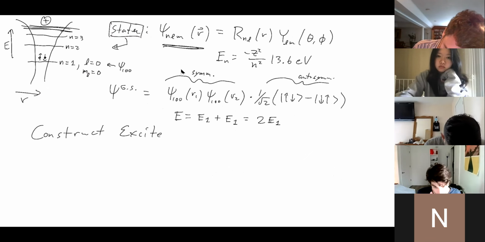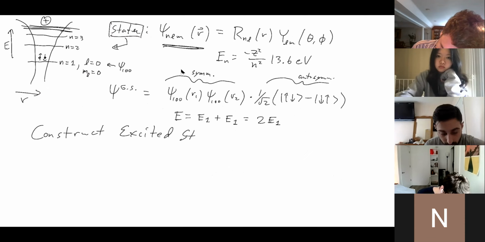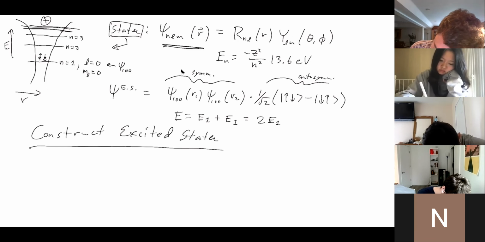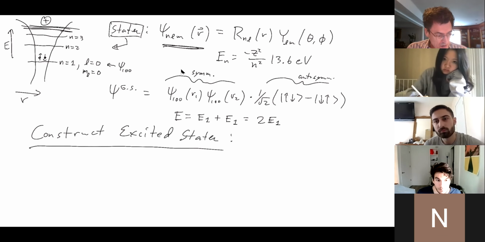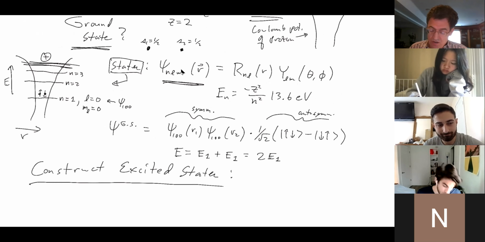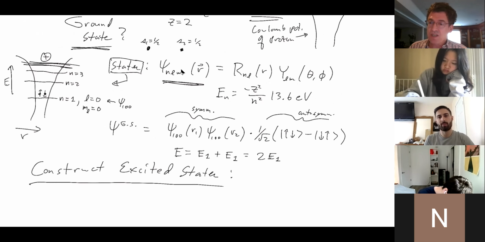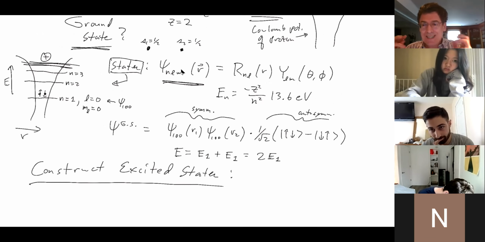Can I ask a question really quick? Yeah, of course. We talked about it last time, but I'm having a hard time remembering. How come we can't use the symmetric triplet states for spin in the anti-symmetric spatial state? Because when two particles are in the same spatial state, n equals 1, then you cannot construct an anti-symmetric superposition if both particles are in the same state.